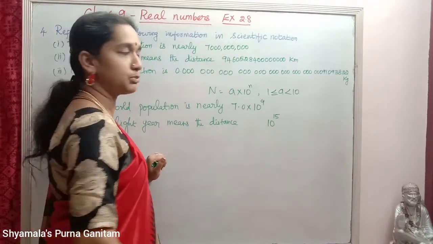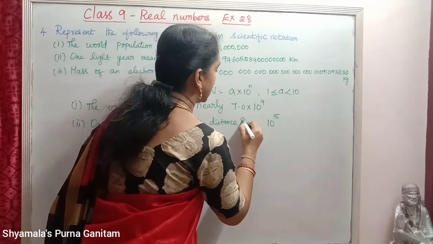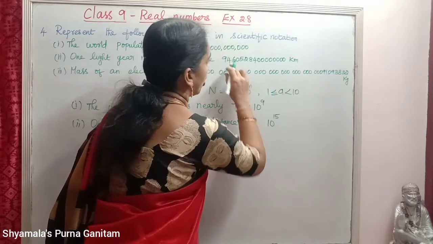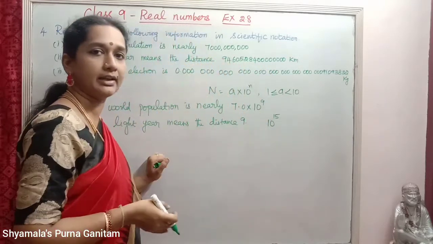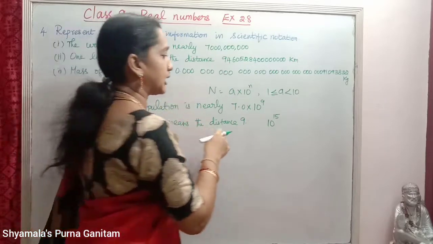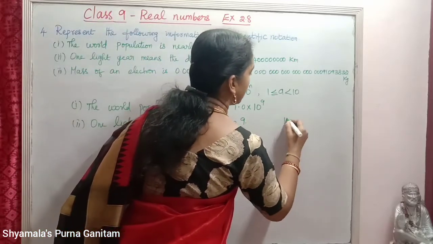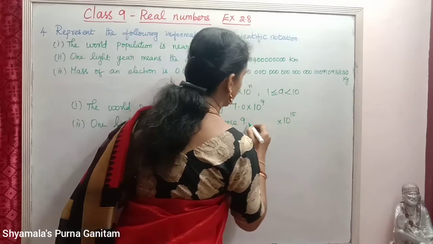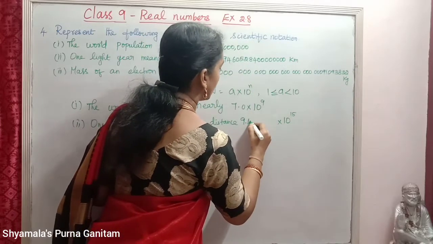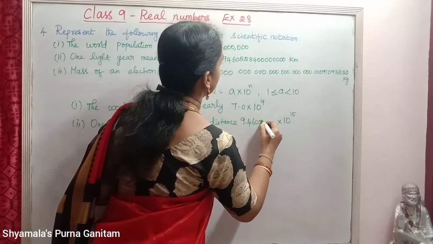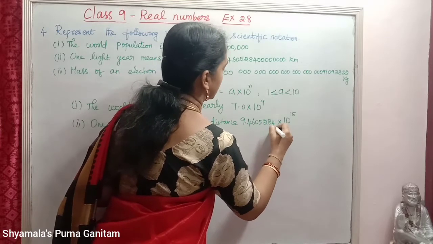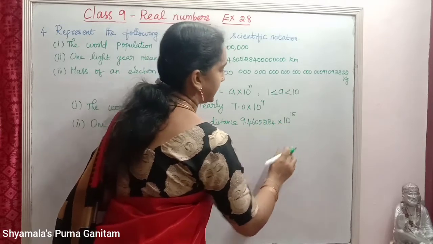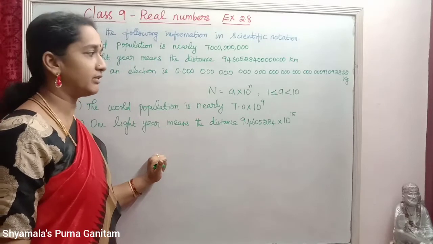The number given here is 9 point, and if the remaining digits are 0 we can leave them; if we have numbers, we have to write them. So 9.4605284 into 10 power 15.